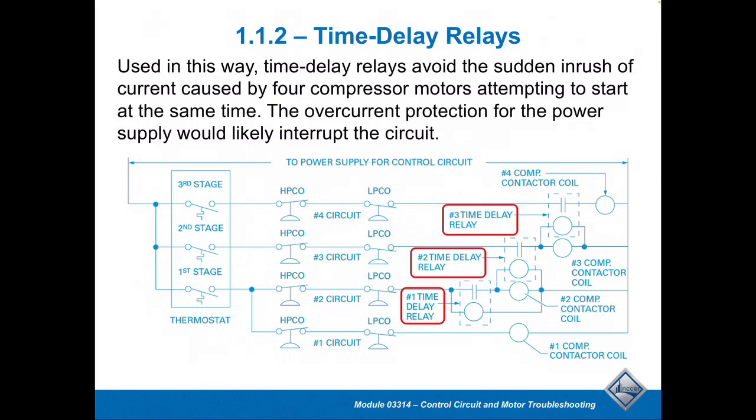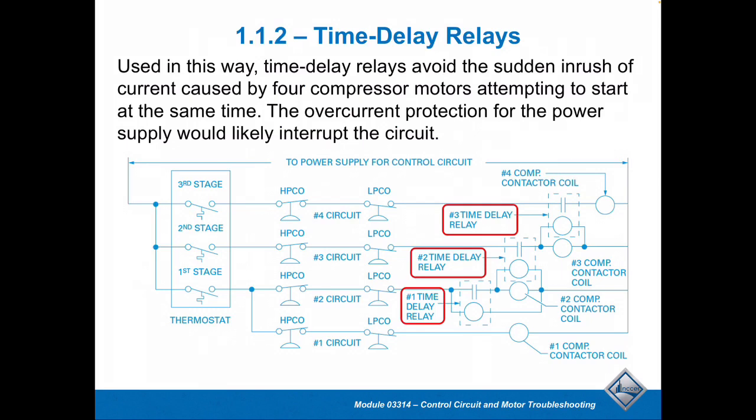So it has some sort of a delay as part of that. In this particular diagram, for example, they're showing a multi-stage application with 4 compressor motors that would be attempting to start.